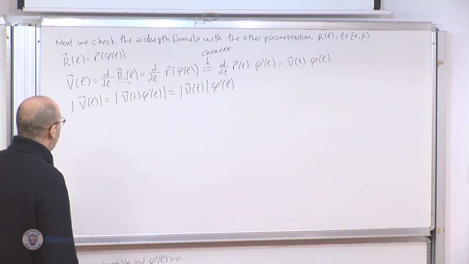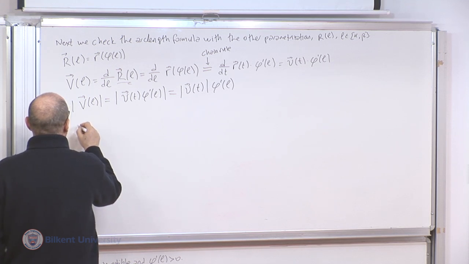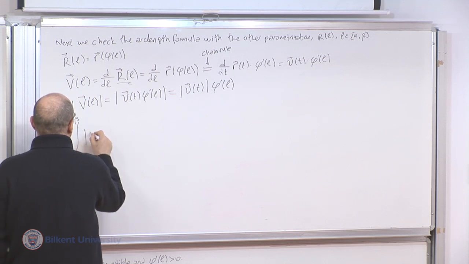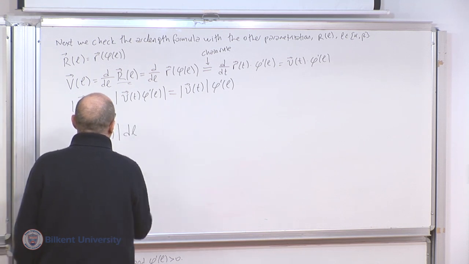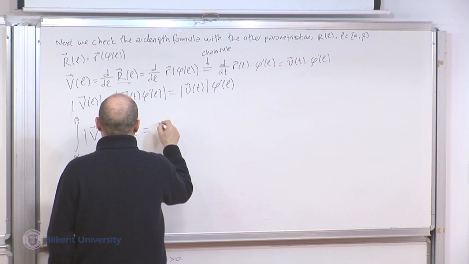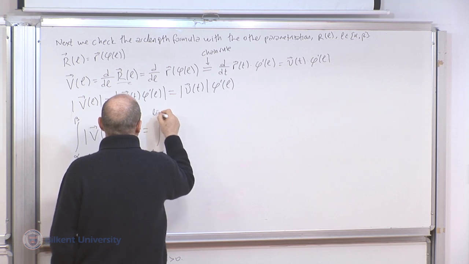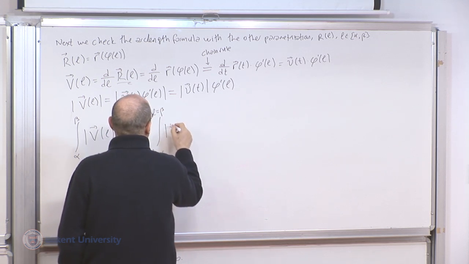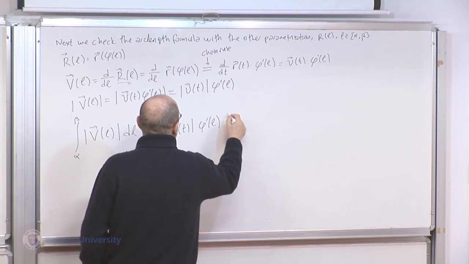So what do we have? Then I look at this thing. The integral from alpha to beta of the velocity vector with respect to this parameterization, dL, is equal to the integral from L equals alpha to L equals beta of the velocity vector at T times phi prime of L dL.